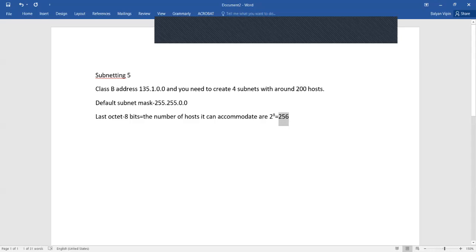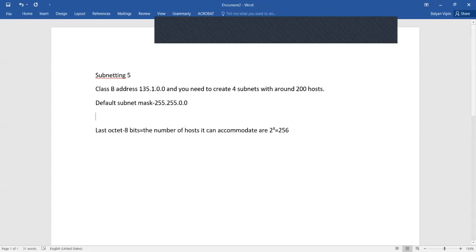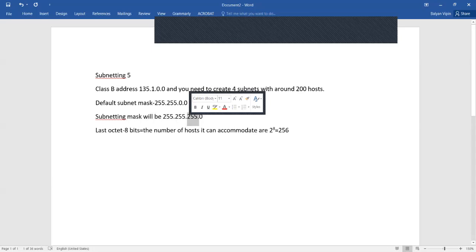So the default mask is this one, but the mask which can be used for subnetting will be 255.255.255.0, and in this one you have 256 subnets available.